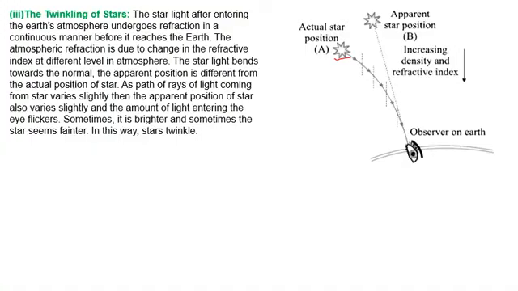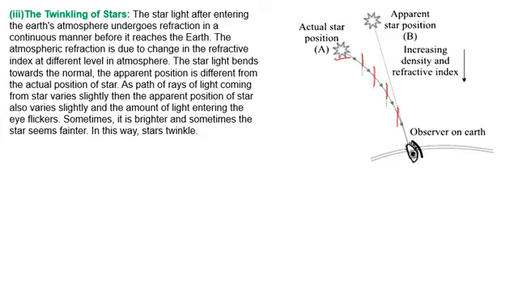As you can see in the diagram, you have to draw a particular diagram like this, where you have to show how every layer of the atmosphere refracts the light again and again. So due to this it is bending, and then it is coming to our eyes.